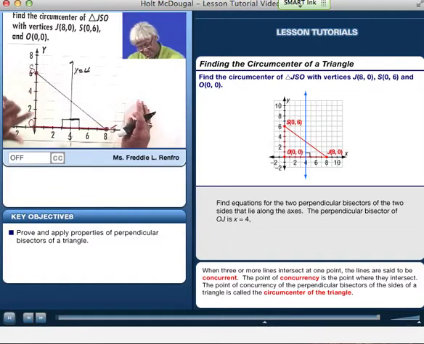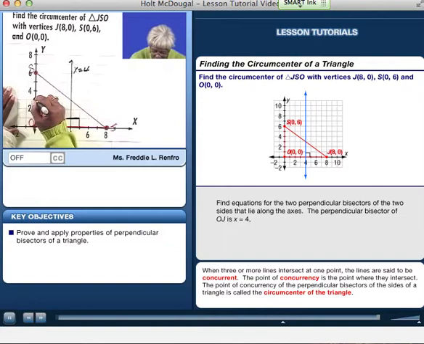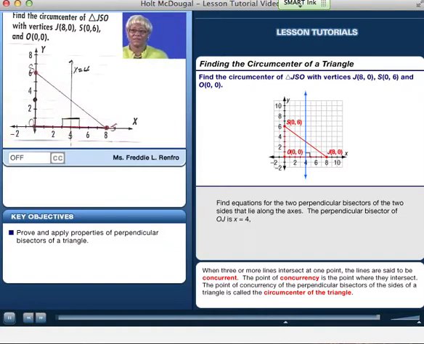This segment SO, which is the side of the triangle, can I construct a perpendicular bisector here? Yes, I can. Since the measure of this side is 6, the midpoint would be right here at (0, 3). That's the midpoint.